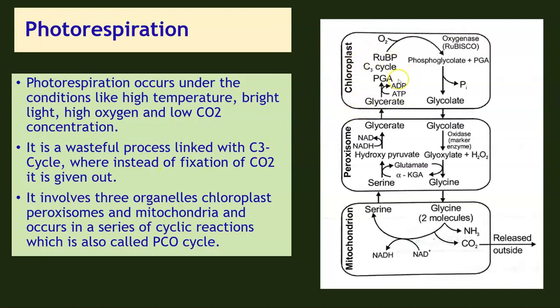Here you can see it is converted into PGA, which is then utilized in the C3 pathway. So this entire process is called photorespiration, where instead of carbon dioxide, oxygen is utilized, and Rubisco, instead of undergoing a carboxylation reaction, undergoes an oxygenation reaction.